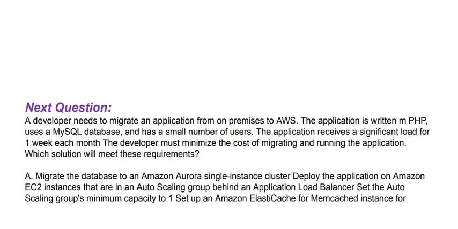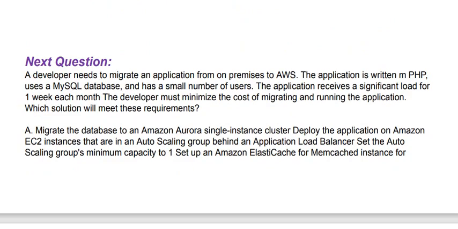Next question is, a developer needs to migrate an application from on-premises to AWS. The application is written in PHP, uses a MySQL database, and has a small number of users. The application receives a significant load for 1 week each month. The developer must minimize the cost of migrating and running the application.